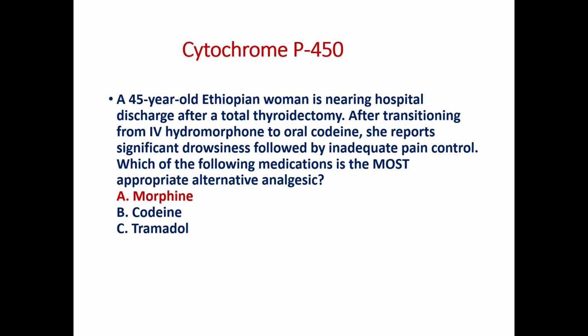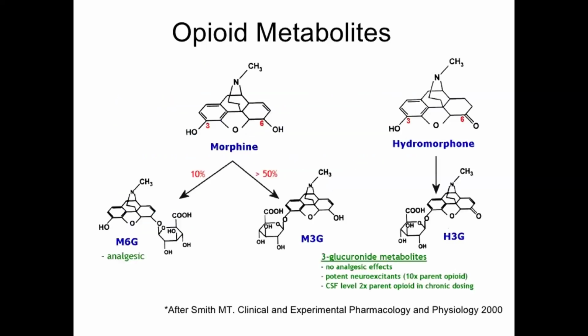which is basically morphine. So anyway, morphine is metabolized by conjugation. So it's the good, right? There's no drug to drug interaction. Opioid metabolites of morphine, unfortunately, can accumulate in renal failure patients, to basically M3G and M6G.